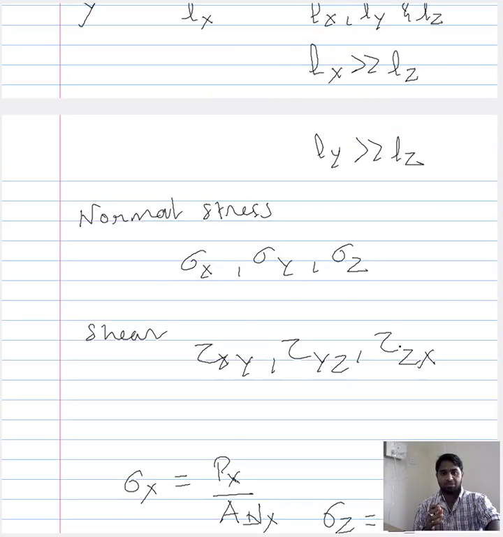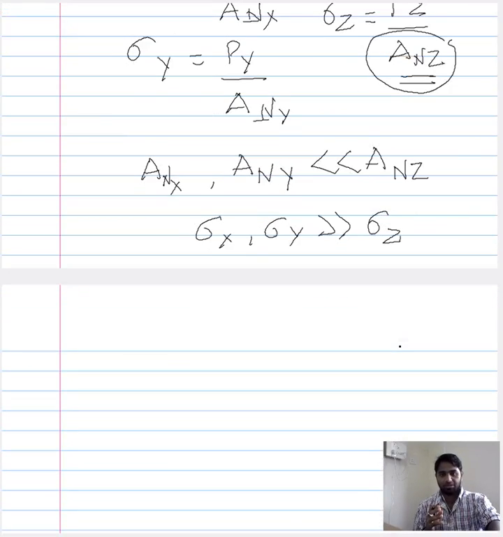So when you want to describe the mechanical condition in a plate experiencing triaxial loading, you can get rid of the normal stress component along the z direction, because you have an enormous amount of area compared to the area required to calculate the stresses along x and y direction.